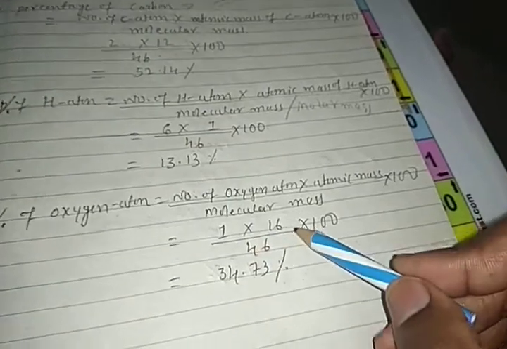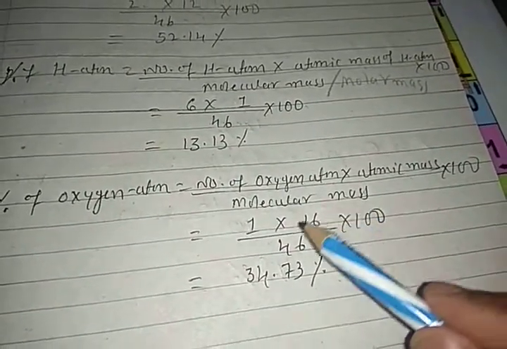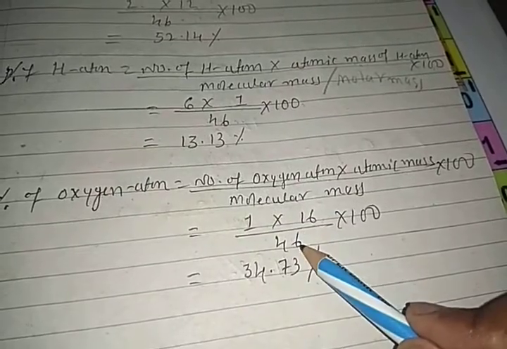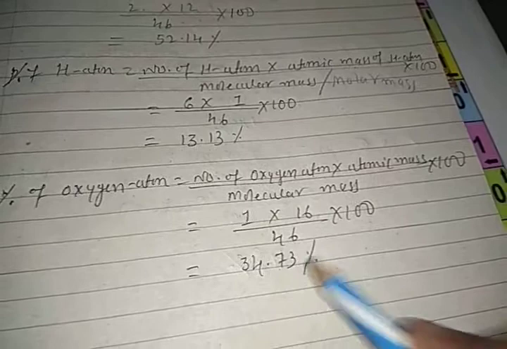How many oxygen atoms? One oxygen atom. Atomic mass is 16, a constant value. 16 divided by molar mass into 100. And the percentage is 34.7.